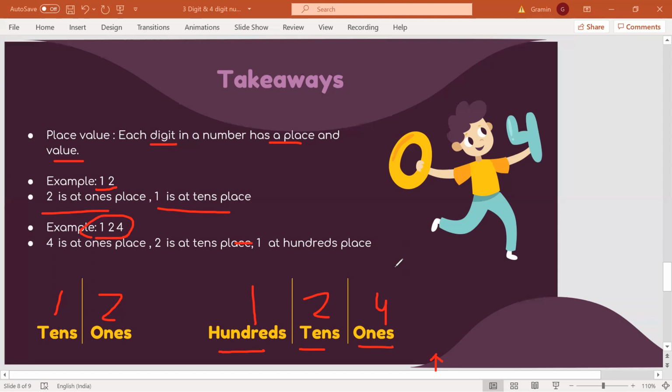We were able to visualize each number in our head and think of it in terms of chocolates. This way we will be able to identify different numbers, their different place values, and accordingly the value for each place.